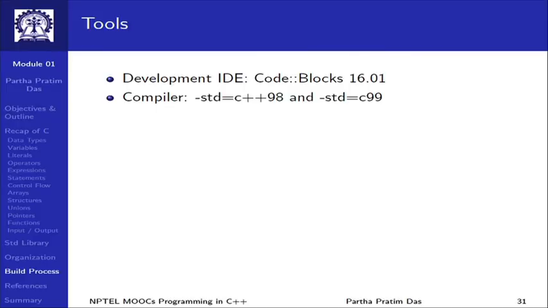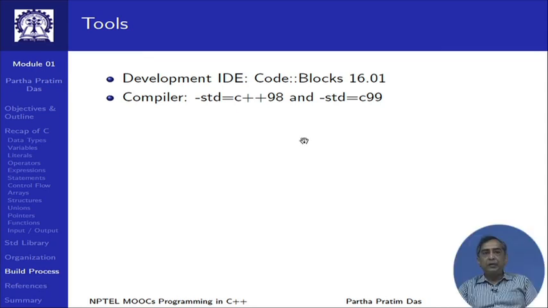In terms of tools, there are multiple IDEs available, like CodeBlocks, Visual Studio, Eclipse. We will advise that you use some IDE which is open source, typically CodeBlocks or Eclipse, and whatever IDE you are using, you specify the standard, like C99 is the standard that you are using.